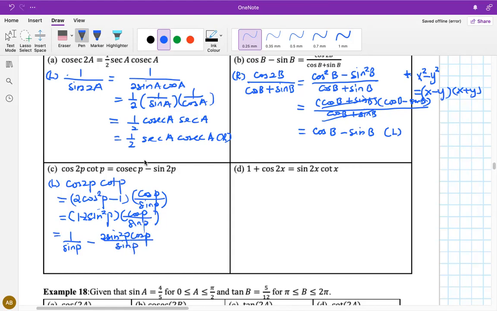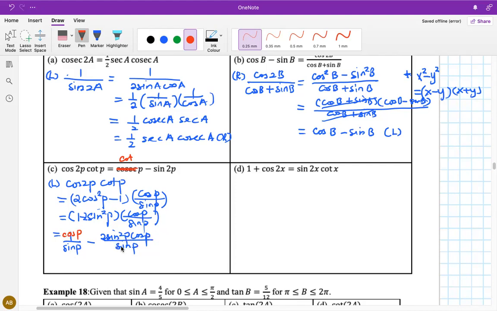Right, so this one, there's a mistake here. This one should be cotangent p minus sine 2p. So here, you can see you get cos p over sine p, and then 2 sine square p times cos p over sine p.